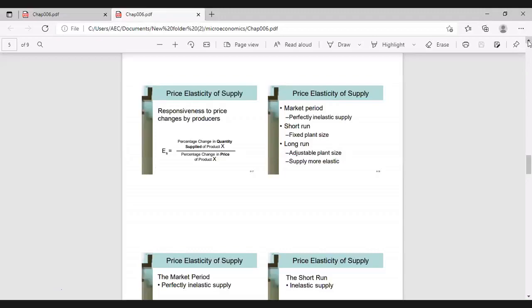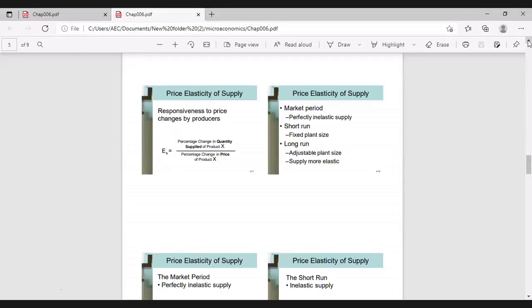So here also, price elasticity of supply depends on time, or how easily the producer can shift resources among alternative uses. So a producer will not produce only one product.